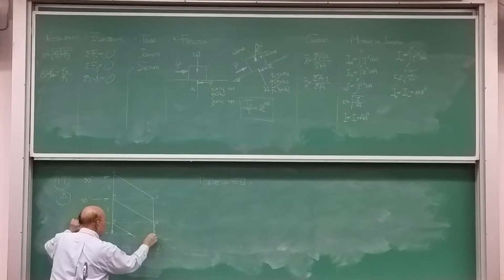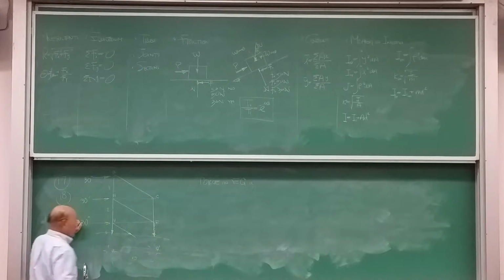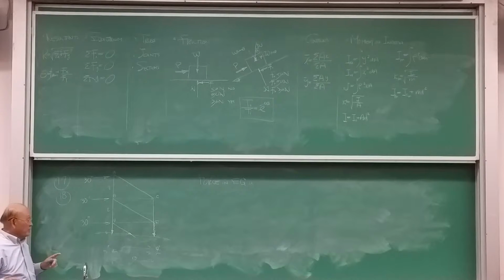This is unknown, this is unknown. We want to find the EG. So please look at the other two members where they are going into. A good place to take a moment is at D. Would you say D?